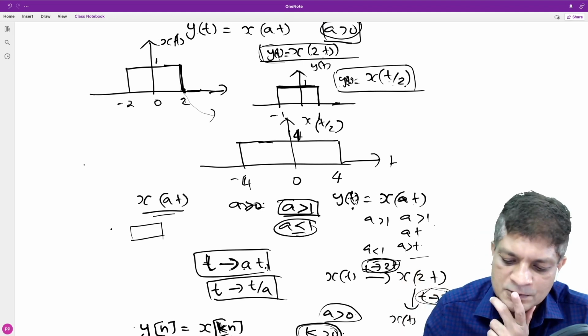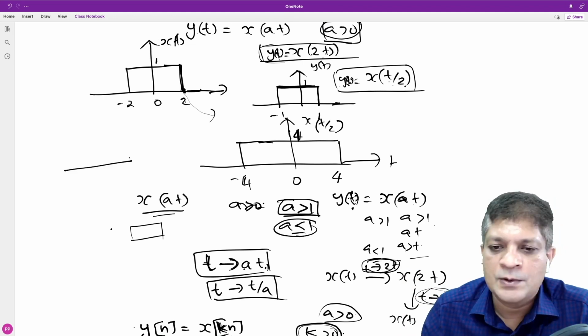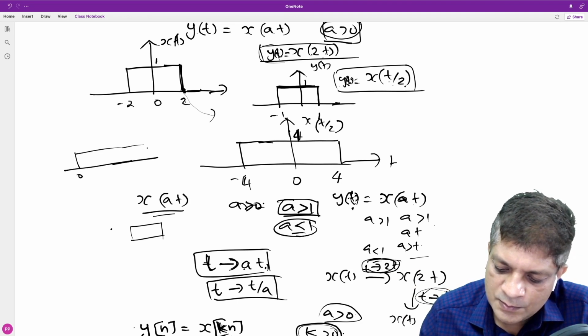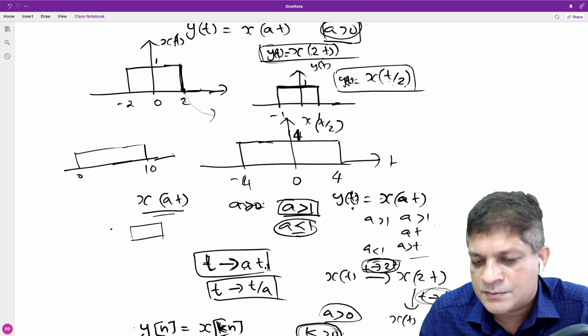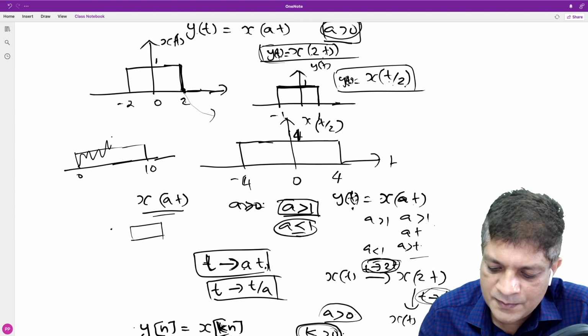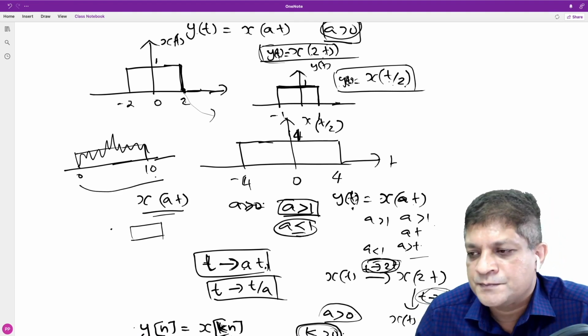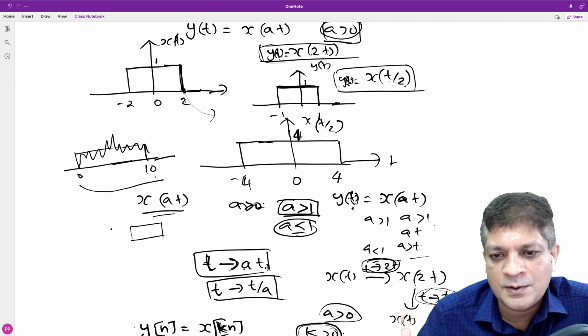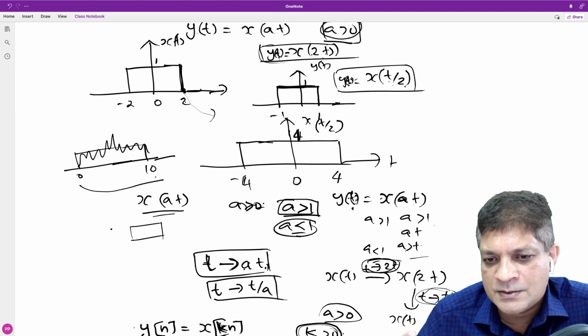Suppose I have an audio recording, let's say from 0 to 10 minutes. This is the amplitude of that signal. It is a 10 minute recording. Now, if I want to listen to that audio at double the speed, what is that operation?